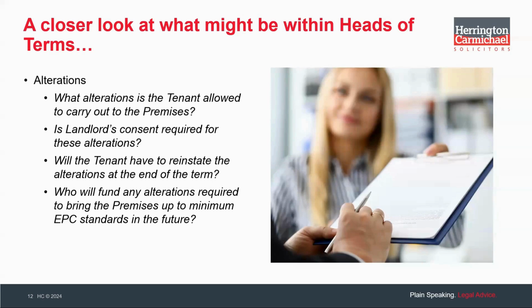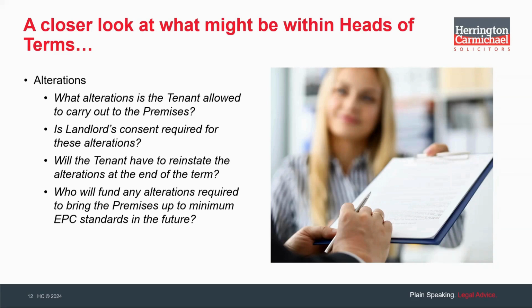So if you're a tenant, it's really important to know what the energy rating of the building is when you take it on, and also therefore whether there are likely to have to be improvement works carried out during the lifespan of the lease that might be needed to the building to increase its energy performance certificate to the minimum rating.